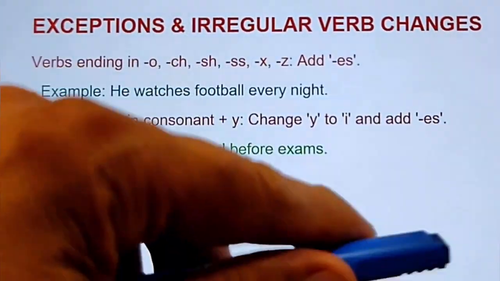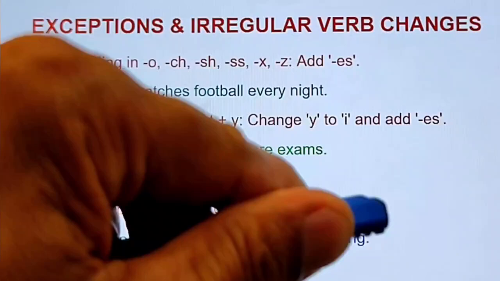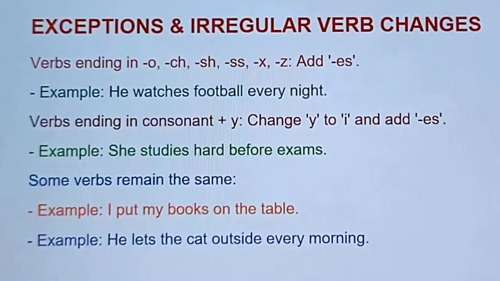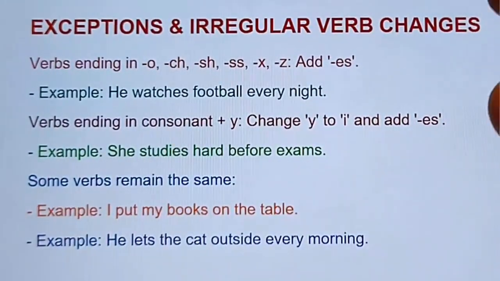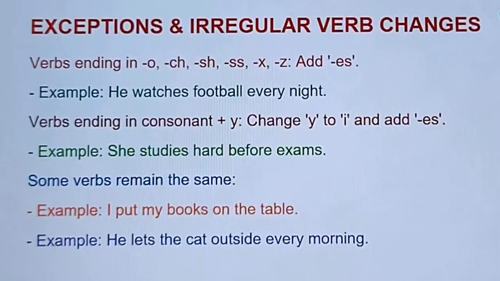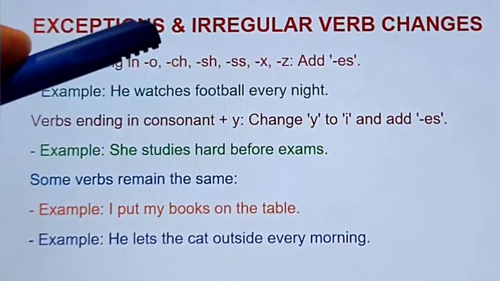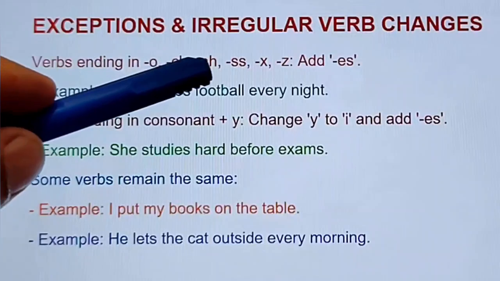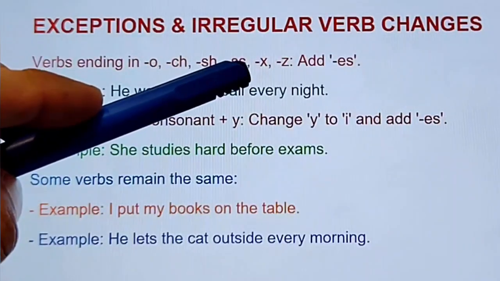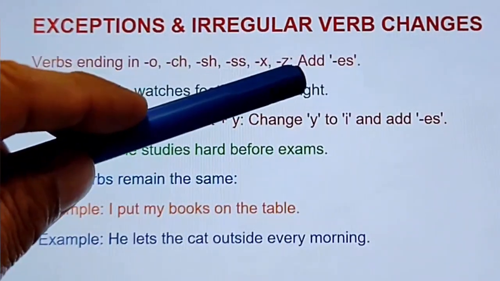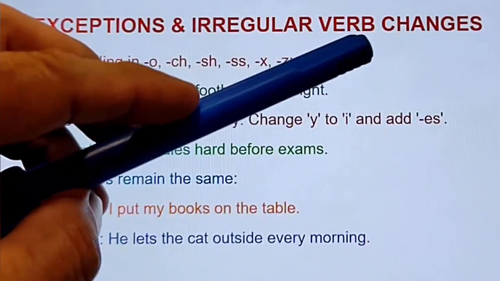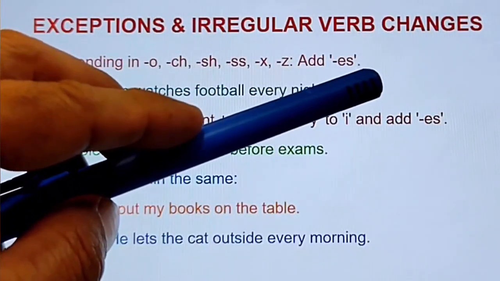Let's explain some grammar exceptions and irregular verb changes we describe here about present simple tense. The verb ending in O, CH, SH, SS, X, Z, add ES behind the base form.